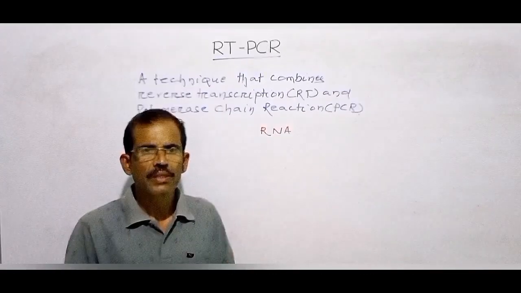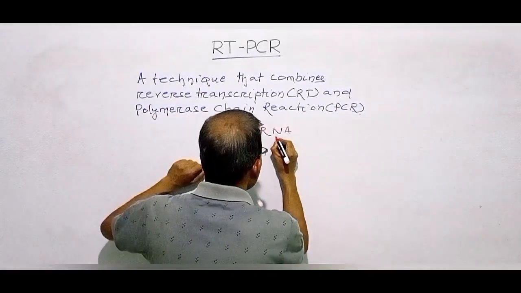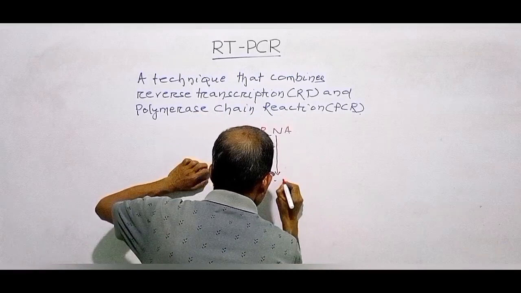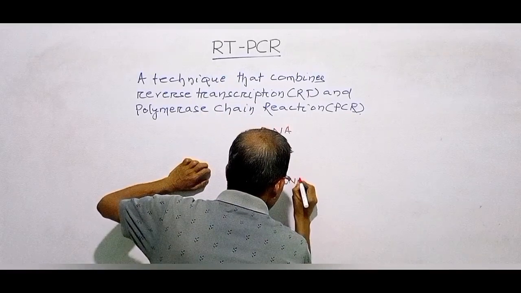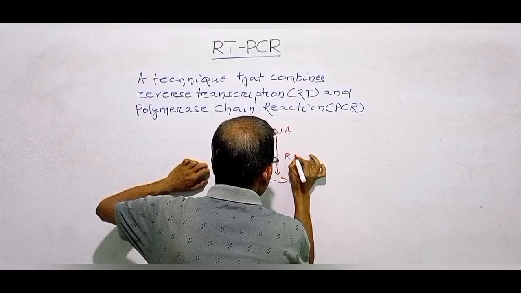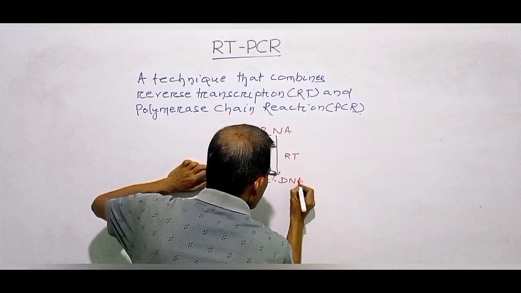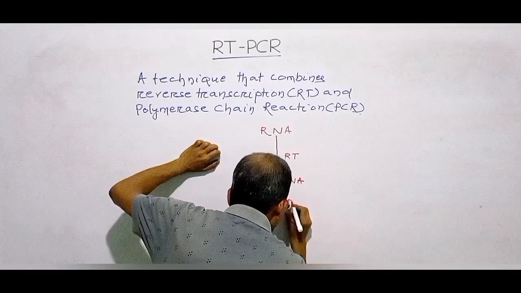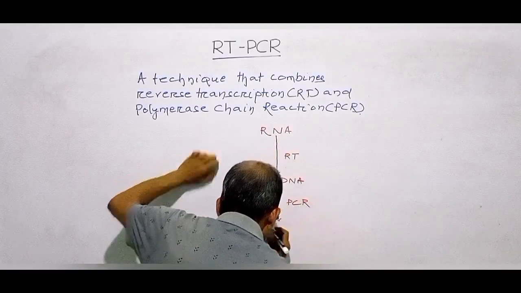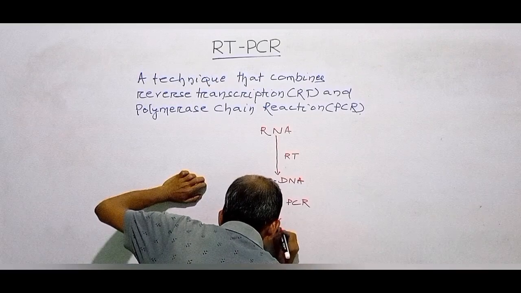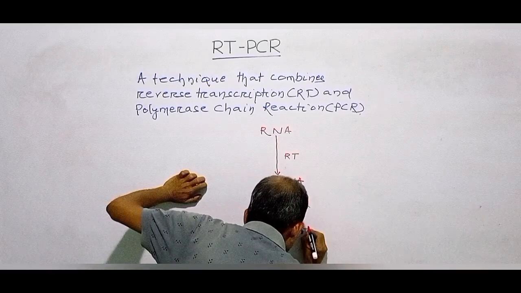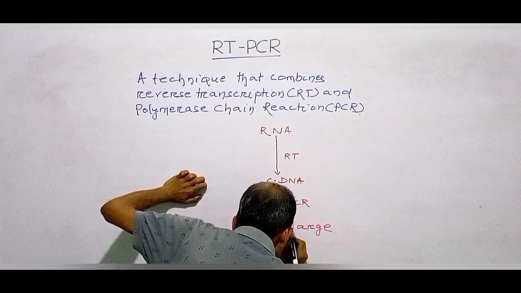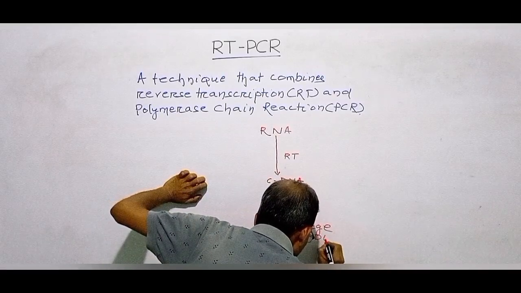By RT-PCR, the target RNA sequence is first reverse transcribed into cDNA by the enzyme reverse transcriptase, and then the cDNA is amplified by polymerase chain reaction to yield a very large number of cDNA copies.